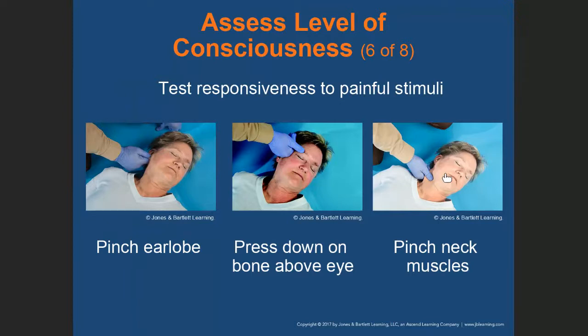So these are the points for pain, and I mentioned putting pressure on the cuticle or the nail bed. Back in the days, we used to use a sternum rub, right? A sternum rub by putting the knuckles in the center of the sternum and rubbing the area to elicit pain.